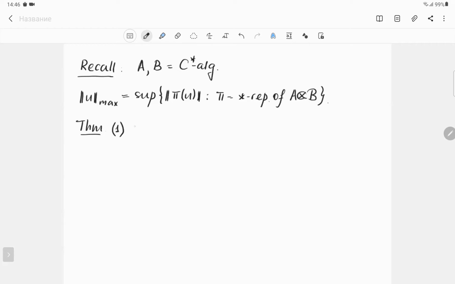First of all, this number is indeed finite. This is finite for each u in the algebraic tensor product. And so this number defines a C-star norm on the algebraic tensor product.